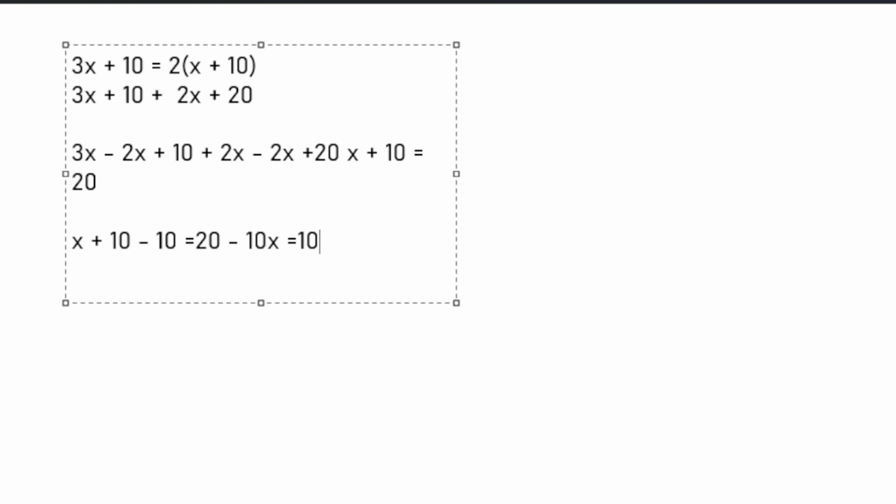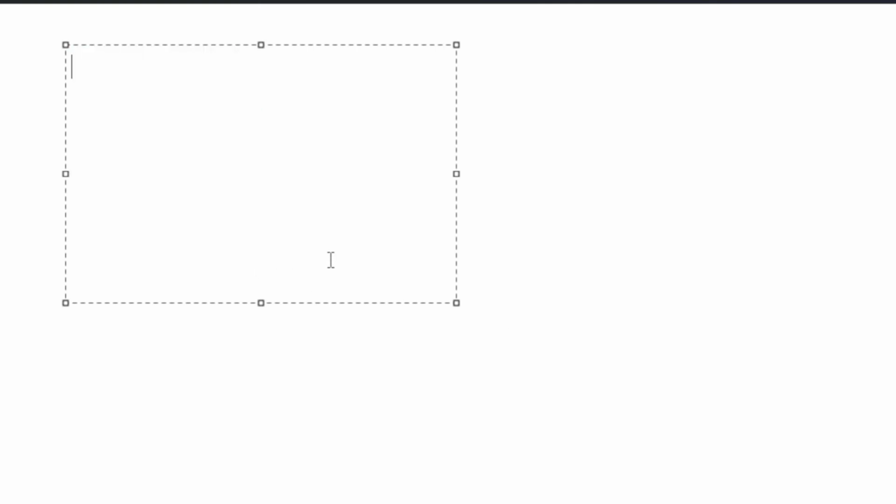Now let's find Jack's age. Since Jack's age is 3x, and we know x equals 10, we can calculate Jack's age. So Jack's age is 3x equals 3 times 10, equals 30.